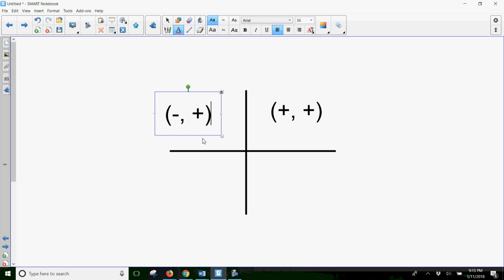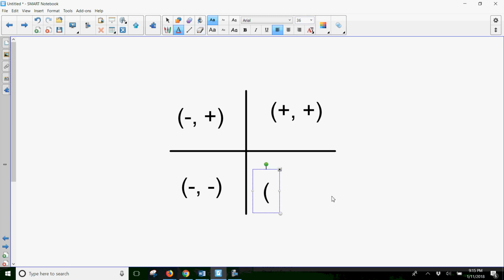In the third quadrant, it's going to be negative and negative. And if we are in the fourth quadrant, it's going to be positive and negative. So these are the signs for the x and y coordinates in these quadrants.